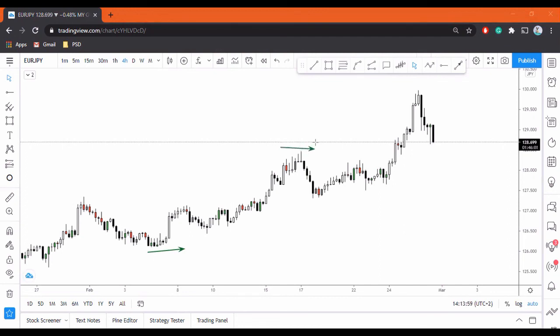I don't even need to put my zones to know that. Knowing things like that is very important, because you're training your eye to calculate what's going on. Understanding where your impulse is and where your correction is is very good, because those are the things you're going to be using to enter your trades.